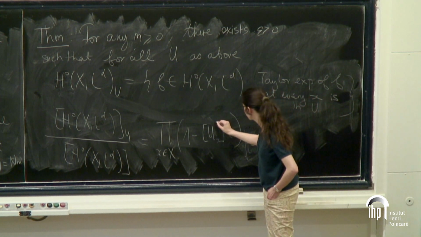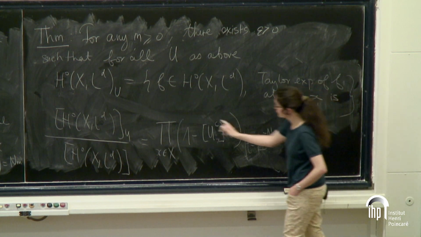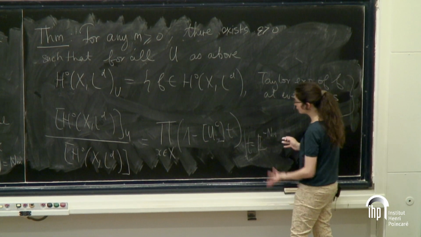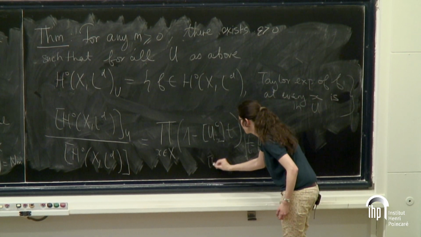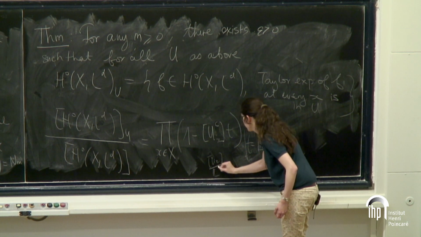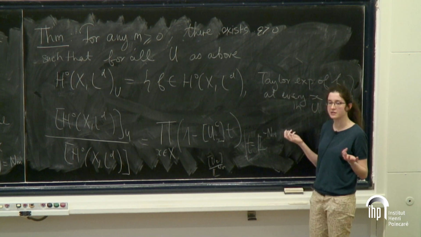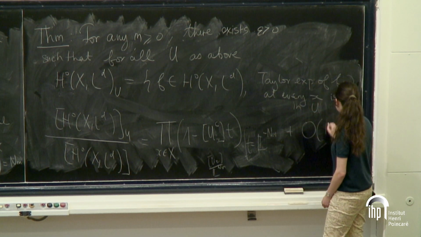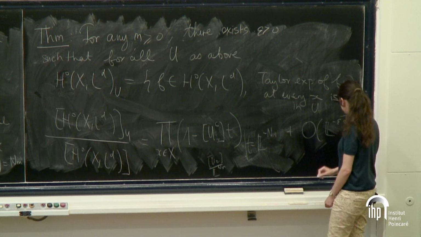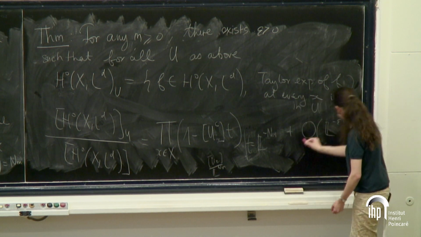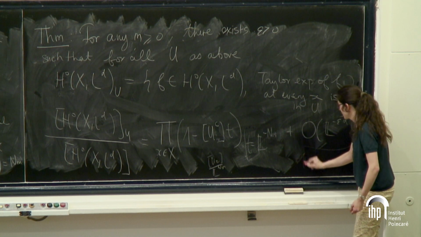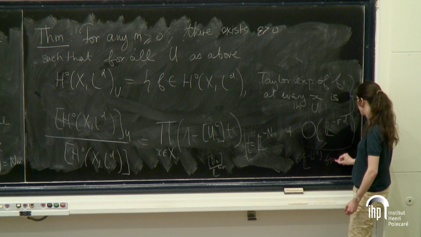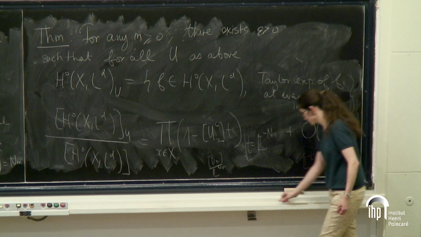Here is the complement of U. If you do the computation formally, each factor should be equal to Ux over L to the nm, the Motivic probability that the given Taylor expansion at x is in U, plus big O of L to the minus epsilon D, by which I mean that it is equal to L to the minus integral part of epsilon D times something bounded for the dimensional filtration.